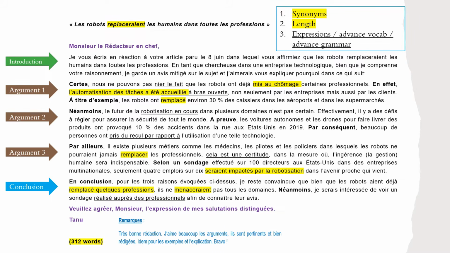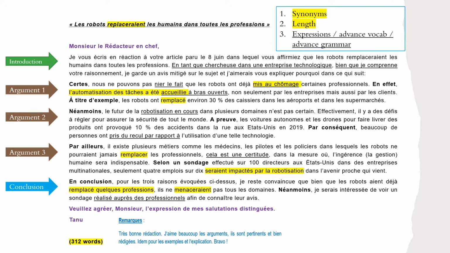And then in the last line, I'm saying serre impacté par la robotisation. Then in the conclusion, I'm saying remplacer quelques professions and then I'm saying menacerait. So these are some examples that I'm using to ensure that I'm not just using one word, which is remplacer, and I'm using a variety of vocabulary.